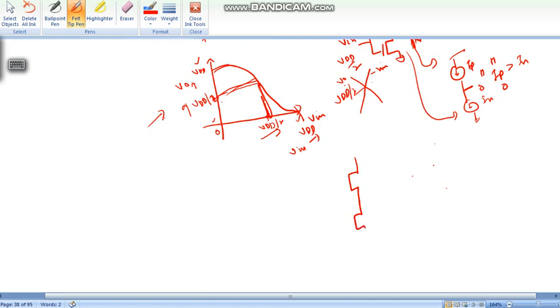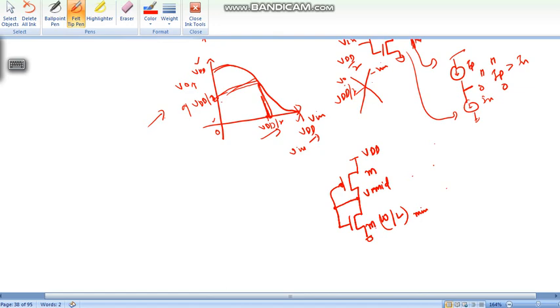We take an inverter, this is VDD, this is ground. We will connect input and output and say this is Vmid voltage. We will take W by L for NMOS minimum. M is the multiplier.